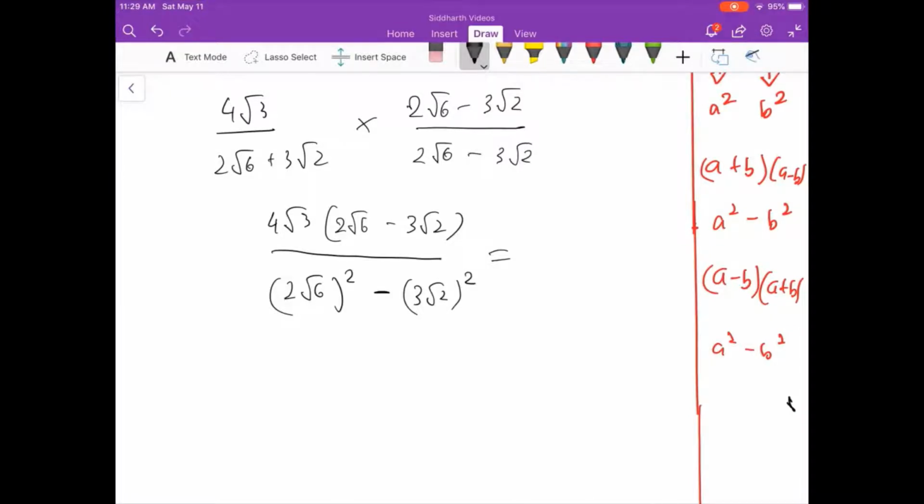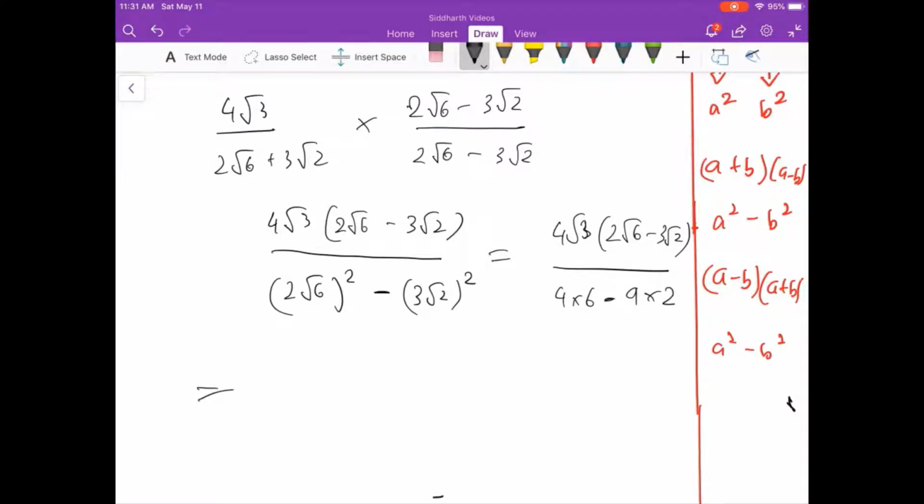Writing the numerator as it is, we can simplify the denominator as 4 into 6 minus 9 into 2.